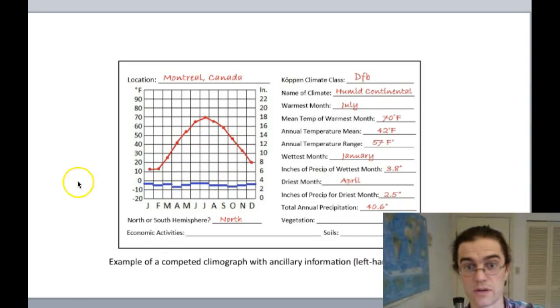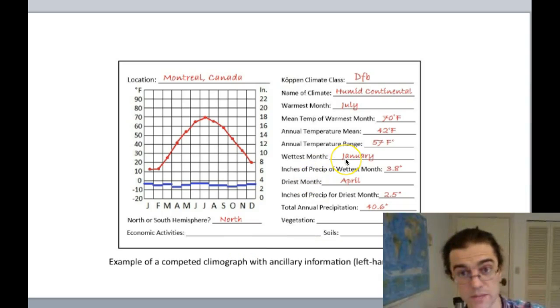See, temperature and precipitation. Mean monthly temp, the warmest month is 70 degrees Fahrenheit. Pretty nice. In, let's see, July or August? Yeah, we're about late July there. And the wettest month being January, not a big surprise.